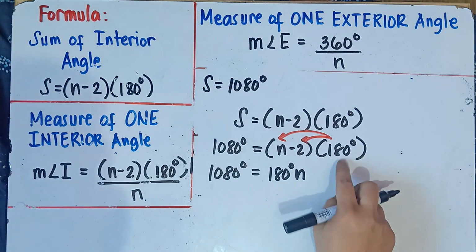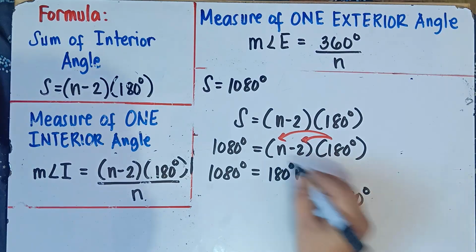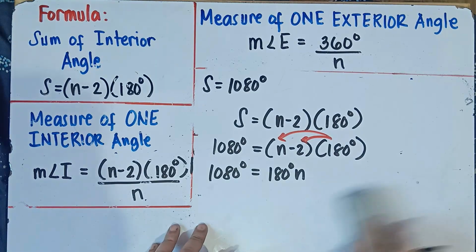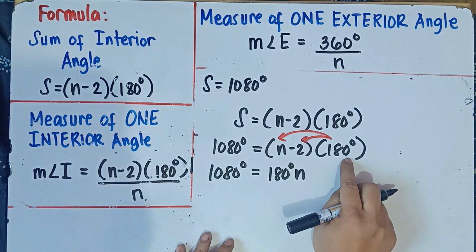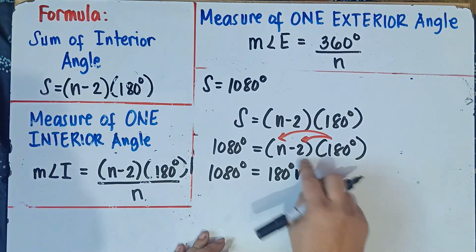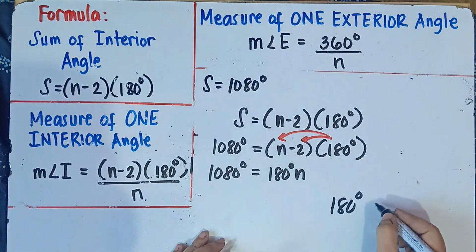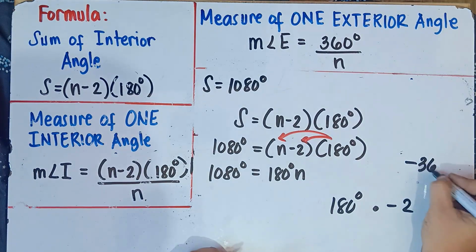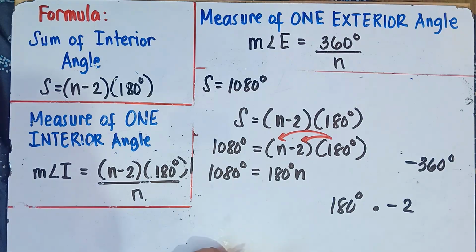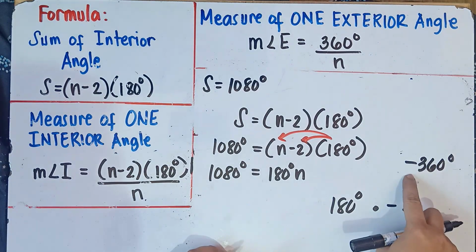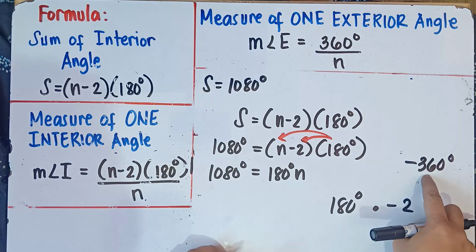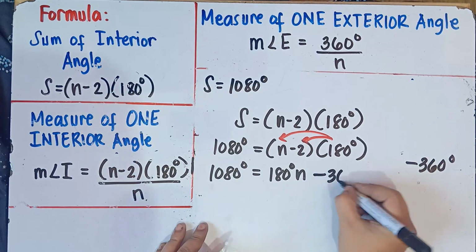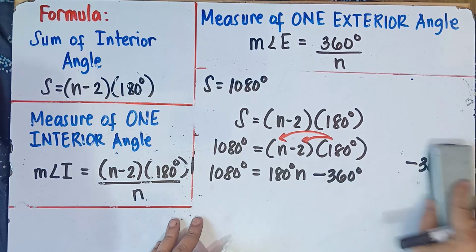Alright, and then 180 degrees times negative 2. That would be negative 360 degrees. Positive times negative is negative. 180 times 2 would be 360. Do not forget degrees. So this is negative 360 degrees.